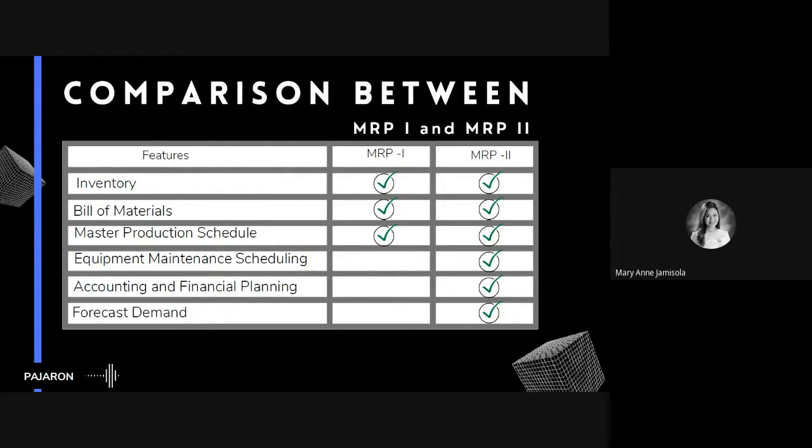But if you want to just purchase the system from an outside vendor, I'm sure MRP2 is much more expensive than MRP1. So if your budget is very limited and you can just afford MRP1, then you can just use MRP1, and then for the other features you can do it manually.